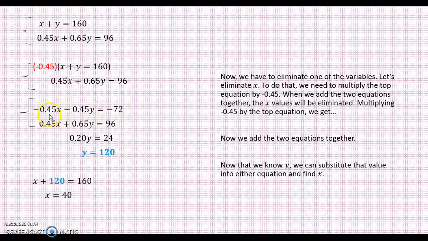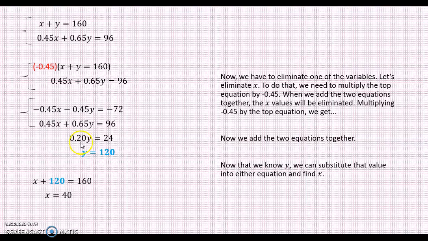Now we can add our two equations together. The X's will cancel out, and then negative 0.45Y plus 0.65Y gives us a positive 0.20Y, and negative 72 plus 96 gives us 24.